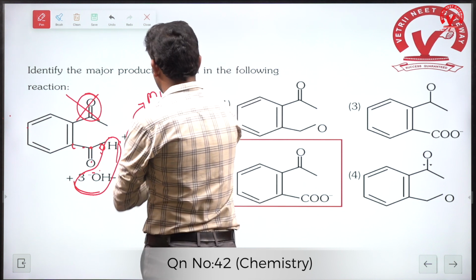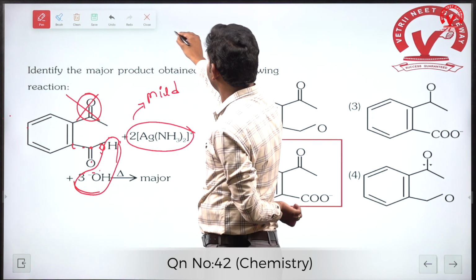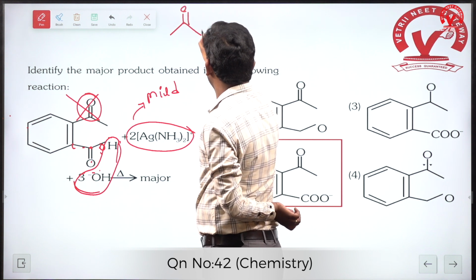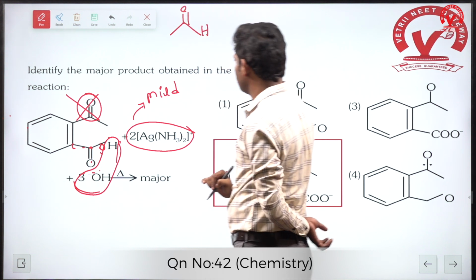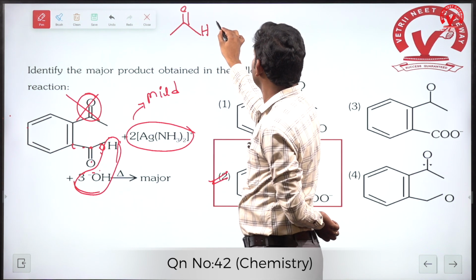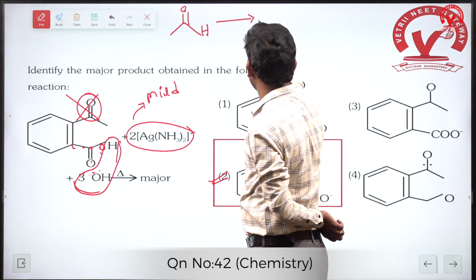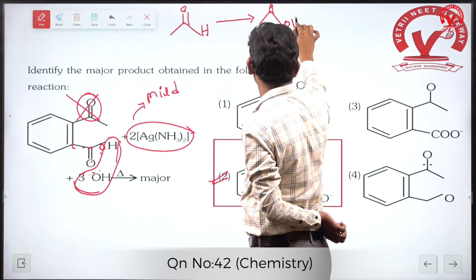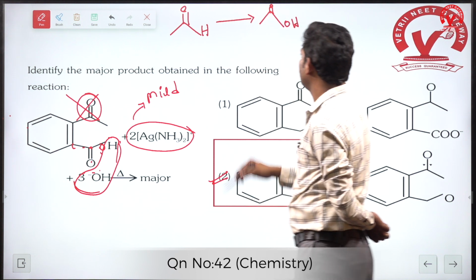So I will write once again, you can check. First, it is the aldehyde functional group. This aldehyde functional group in presence of Tollens reagent, the mild oxidizing agent, will convert into COOH.